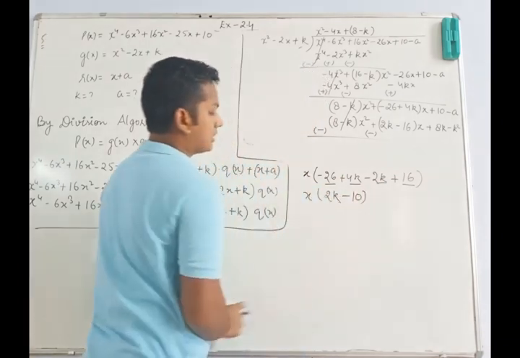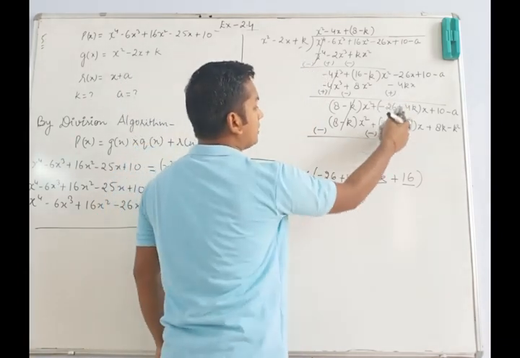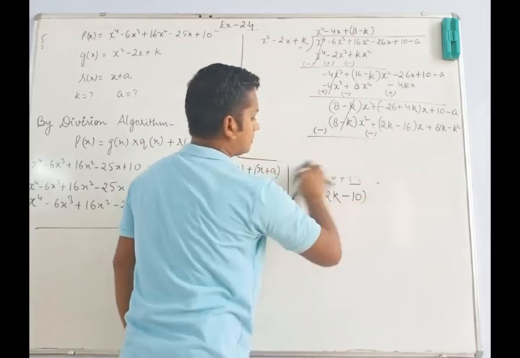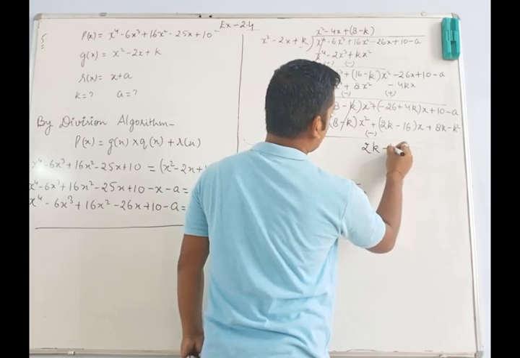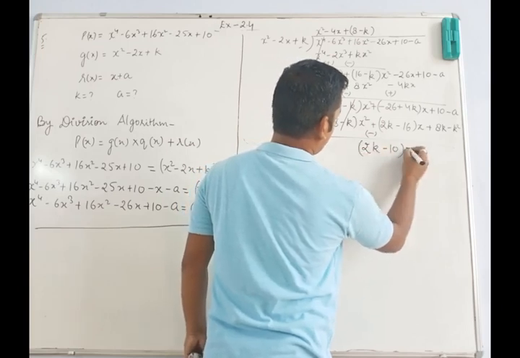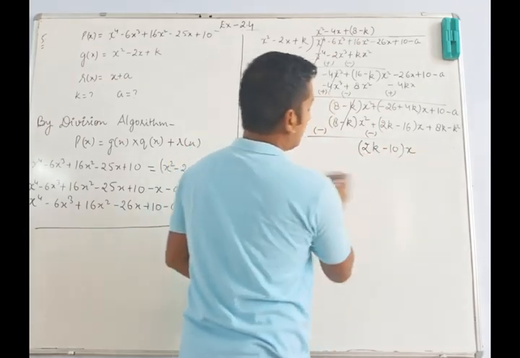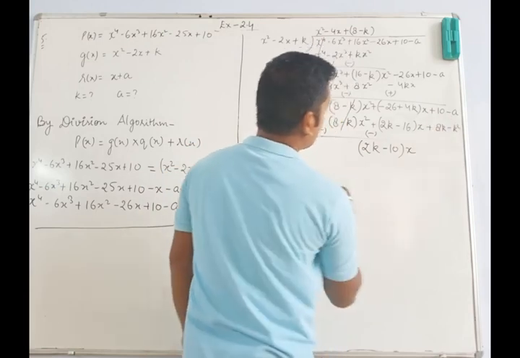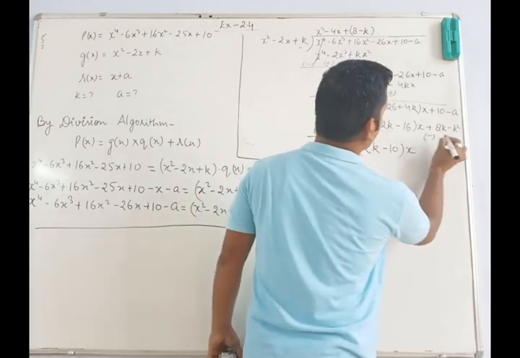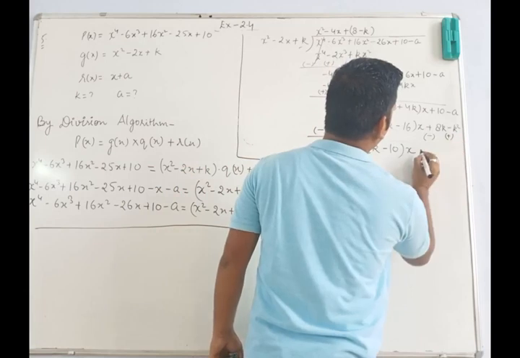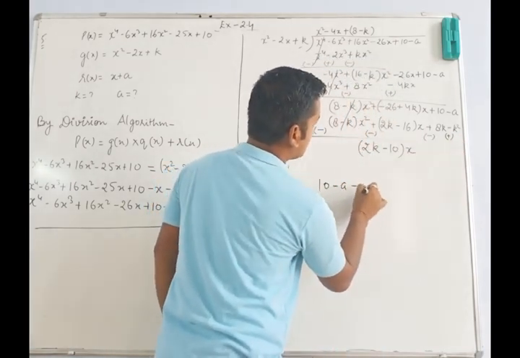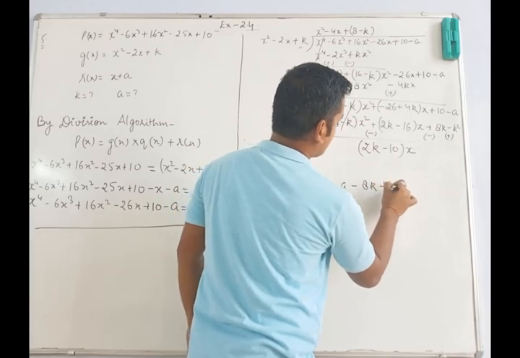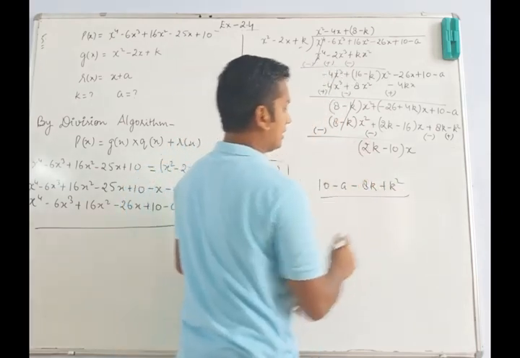So this one will come as the answer by subtracting these two terms. So we will write 2k minus 10 x, and in these two terms this will become negative, this will become positive, so we will write it as 10 minus a minus 8k plus k square.